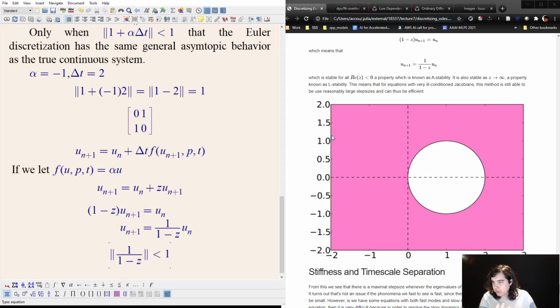It doesn't matter what value of alpha you chose or what value of delta t you chose. For any negative value of alpha, for any delta t that you choose, the asymptotic solution of implicit Euler will go to 0, which means that for any of the equations where it truly goes to 0, you have the correct behavior in the end.